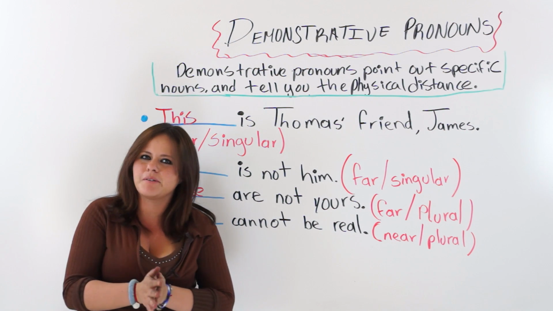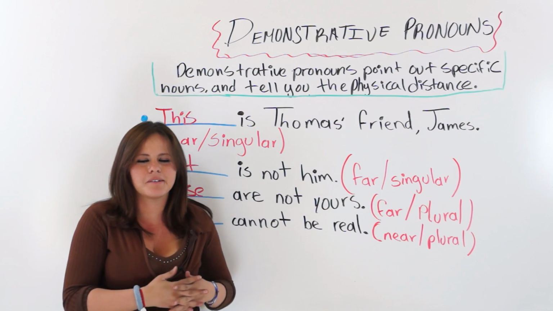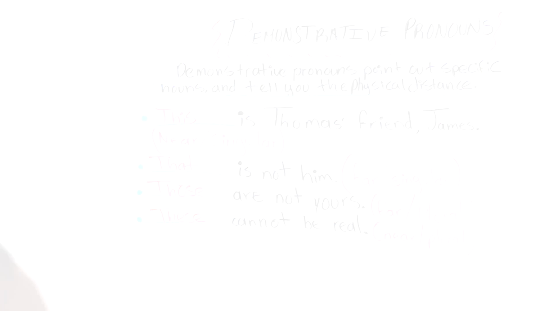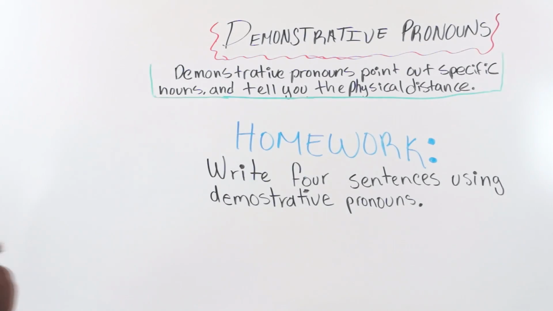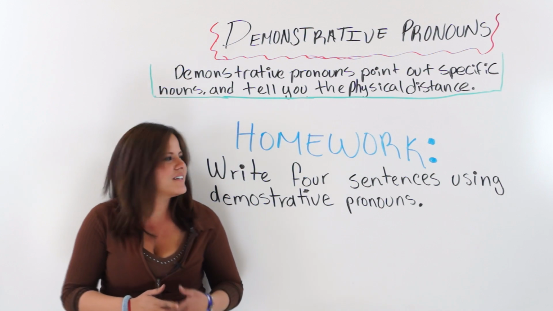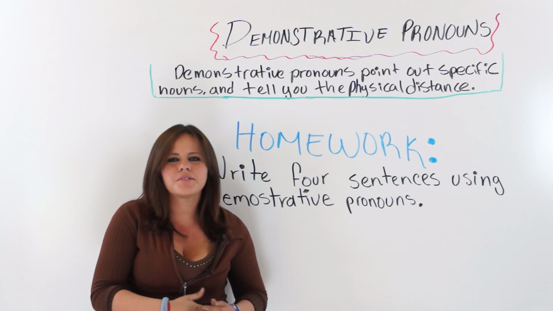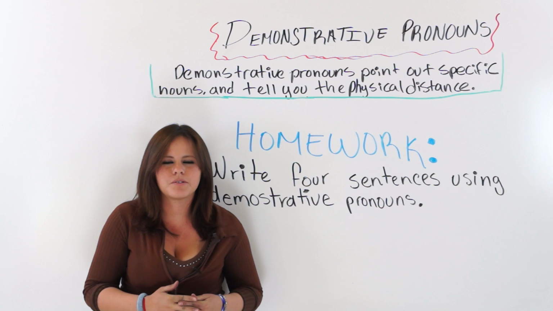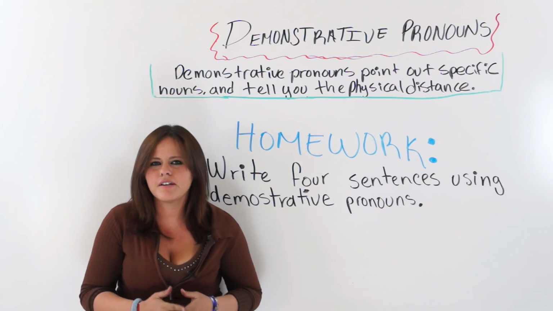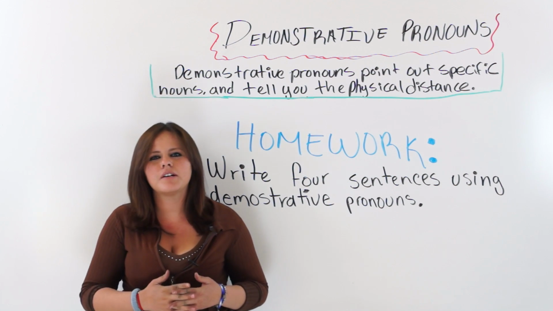So, next I will leave you some homework so that you can practice a little bit more. For homework, you are going to write 4 sentences using demonstrative pronouns. Remember that this and that are for singular nouns.